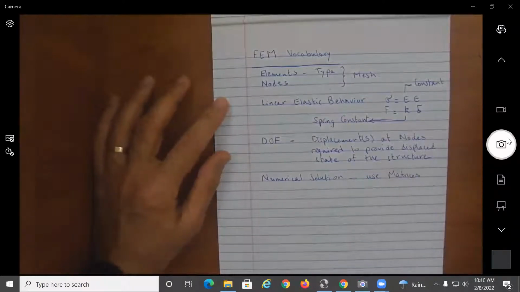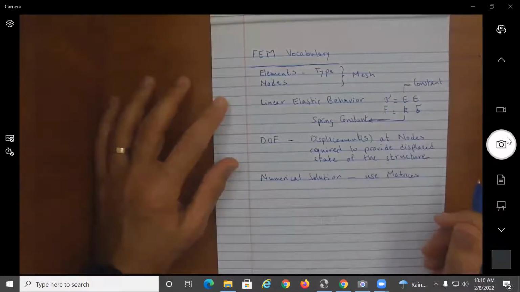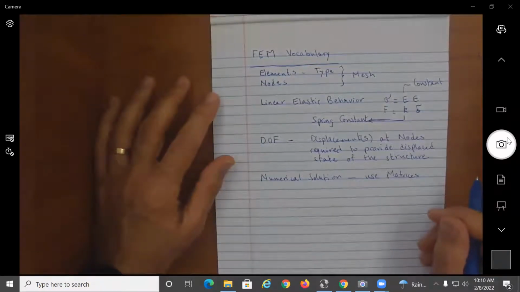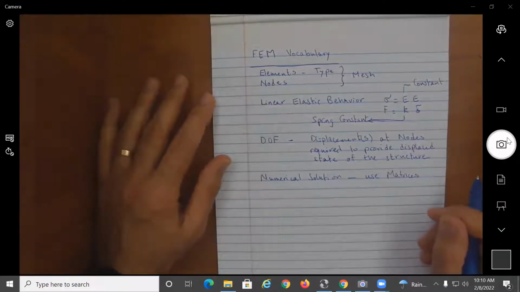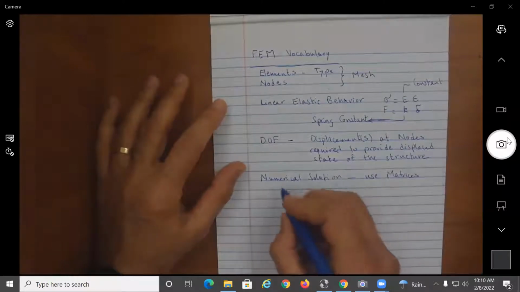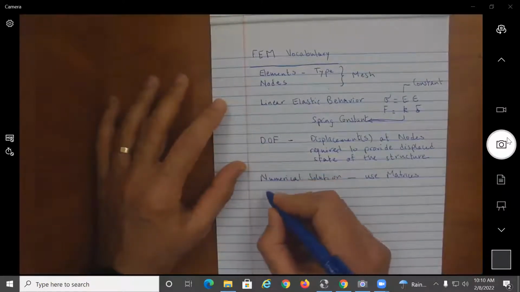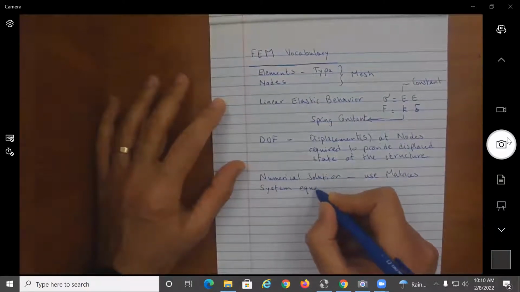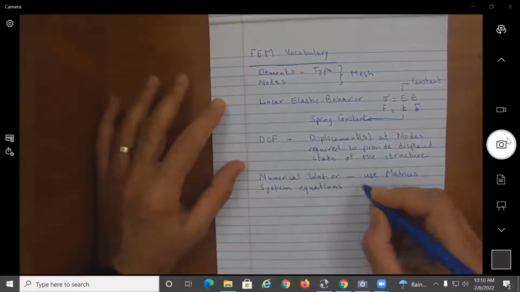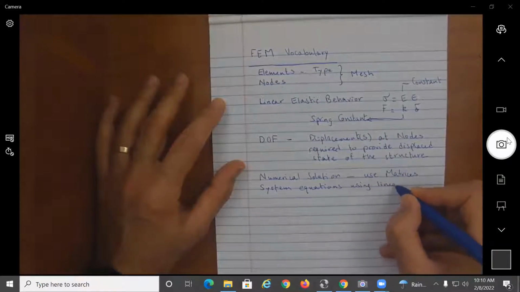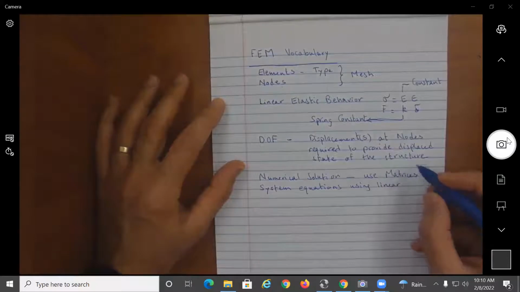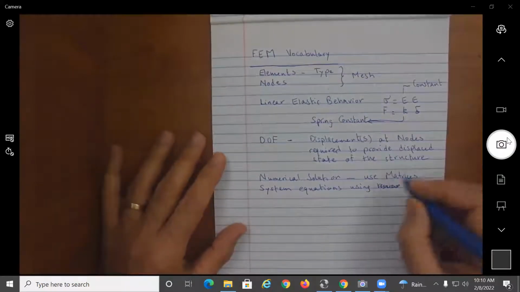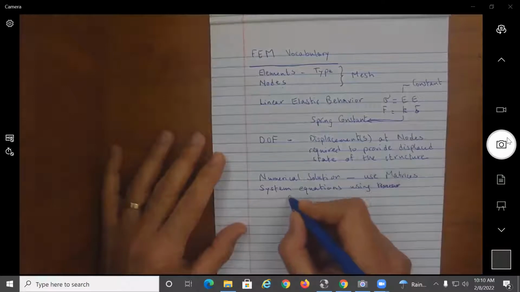So we can express the behavior of the system using linear algebraic equations, using a system of algebraic equations here.